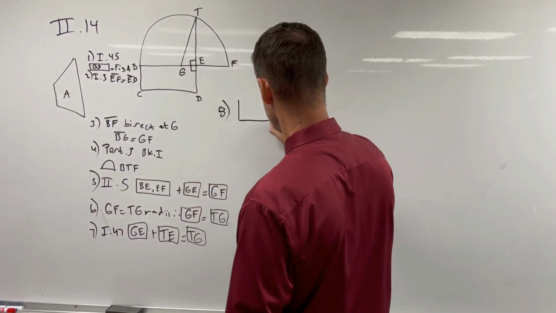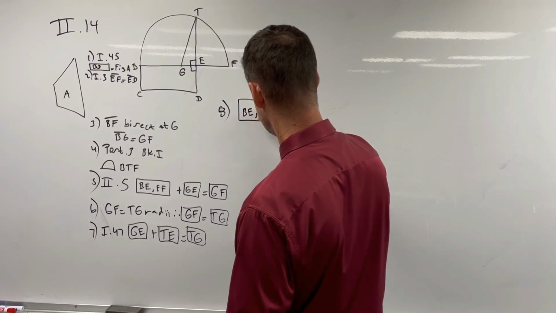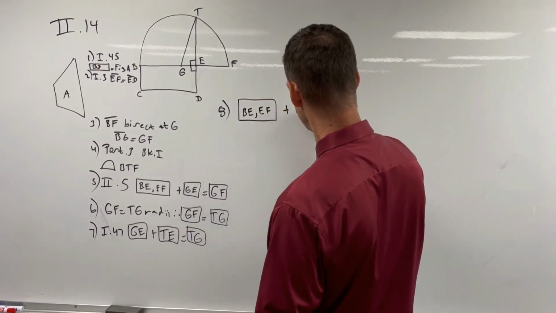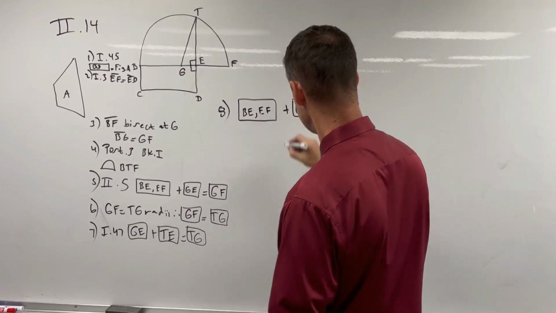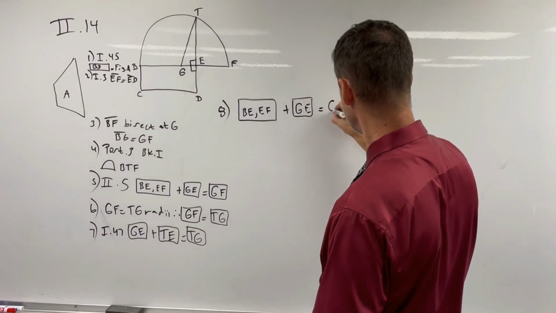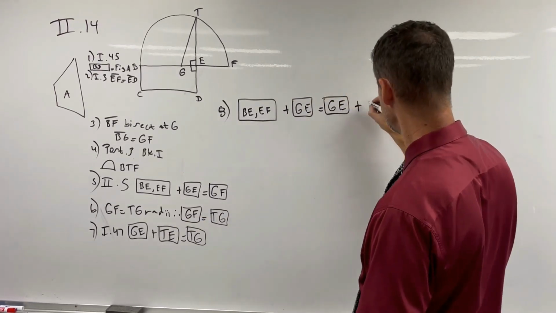Therefore, we'll have the rectangle BE, EF plus the square on GE equaling the square on GE plus the square on TE.